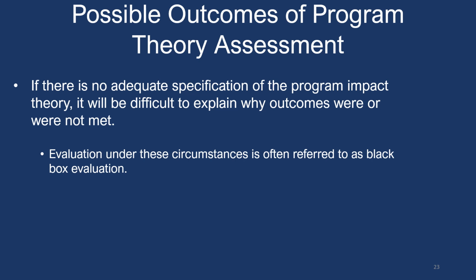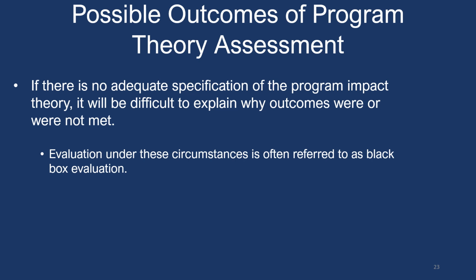Poorly specified impact theory limits the ability to identify or measure the intervening variables on which the outcomes may depend, and correspondingly, the ability to explain what went right or what went wrong in producing those outcomes. If program process theory is also poorly specified, it will not even be possible to adequately describe the nature of the program that produced or failed to produce the outcomes of interest.